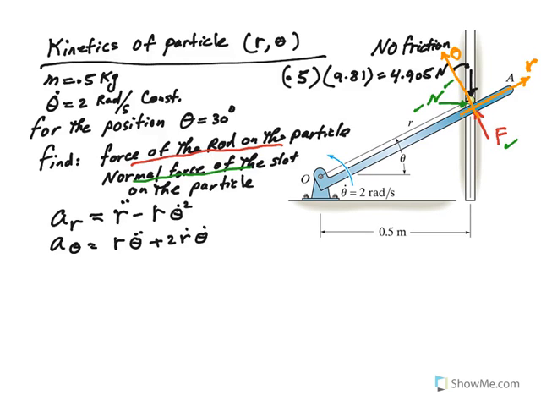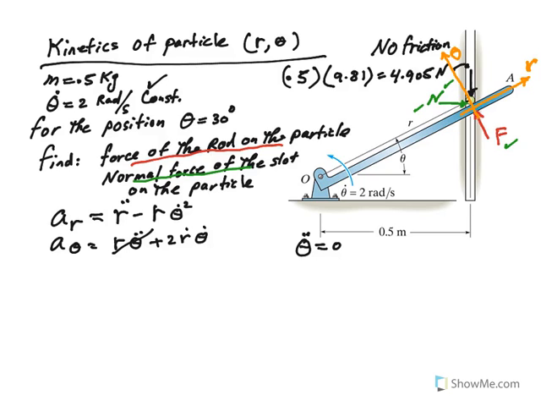So what we have to do is to go ahead and calculate what is r, and what is r dot, and r double dot. Fortunately, since theta dot is constant, theta double dot happens to be 0. Angular acceleration is 0, right? So this term is going to be 0, but we have to worry about the rest of the terms.